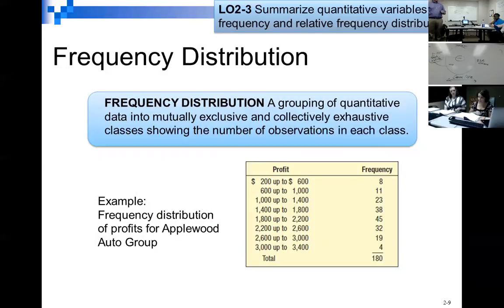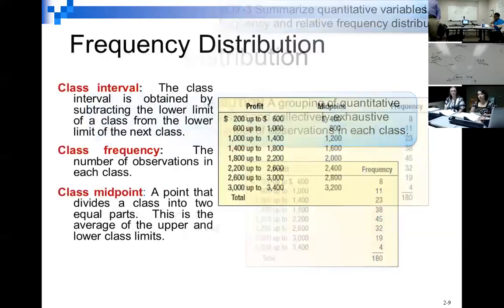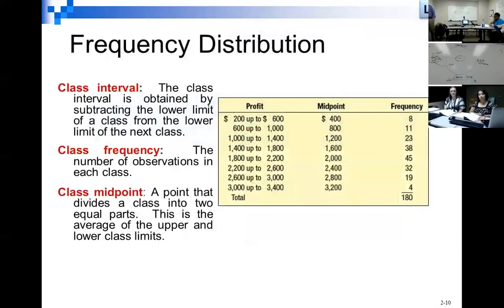And then 600 to 1,000, count the frequency within that range. So again, the class is going to represent this range. How do we determine how wide that range should be? All right, let's identify some terms and I'll answer that question.